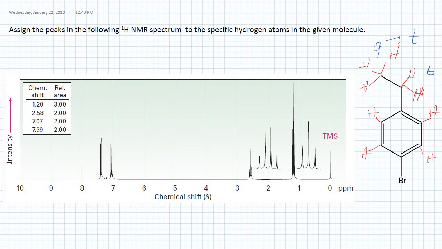The reason, because these protons are located on this carbon, and the neighboring carbon has 3 equivalent hydrogens, 3 plus 1, n plus 1 rule, so they will appear 3 plus 1, so 4. So they will be quartet. So I'm going to put down Q, quartet. So B hydrogens, B protons, they will appear as a quartet.